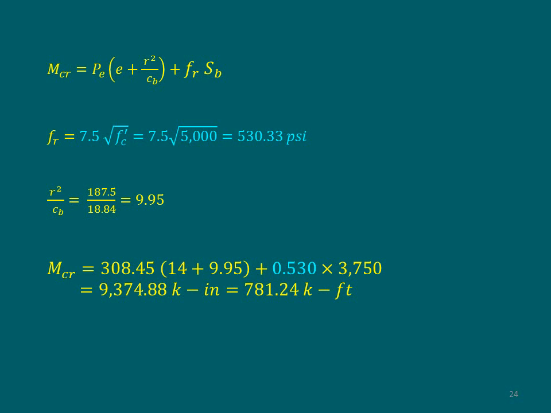The strength for the concrete is 5000 psi. We have here a cracking stress of 530 psi, meaning that once the bottom stress in the beam is reaching 530 psi, the beam is going to start to crack. Look here at the bottom line, the cracking moment. It is going to be 781.24 k-ft. So roughly at 781 k-ft, this beam is going to start to crack.